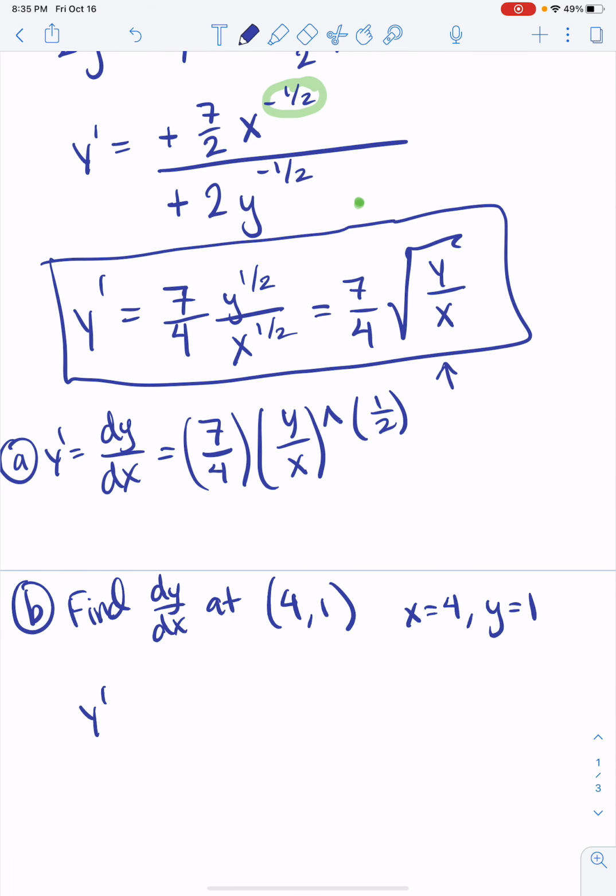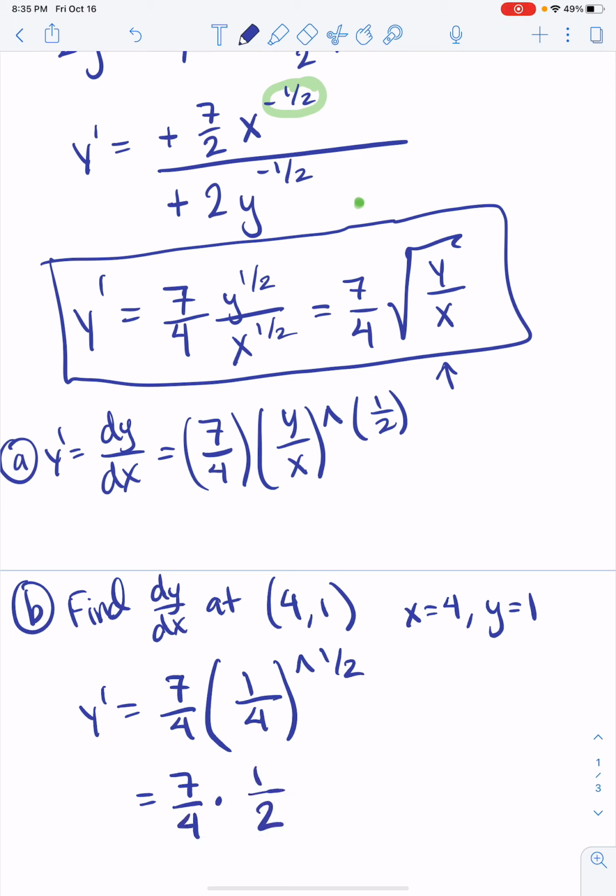So we have y prime equals 7/4 times y over x, which is 1/4 to the 1/2. Now 1 and 4 are both squares. 1 is 1 times 1, 4 is 2 times 2. So we get 7 over 4 times 1 over 2, which is 7 over 8.